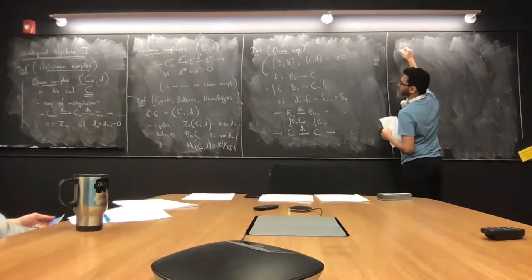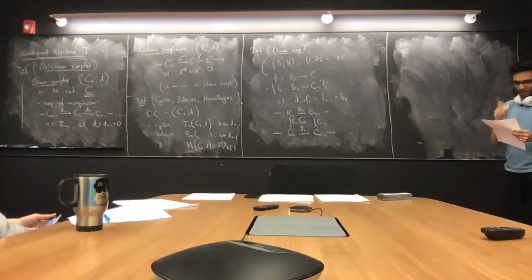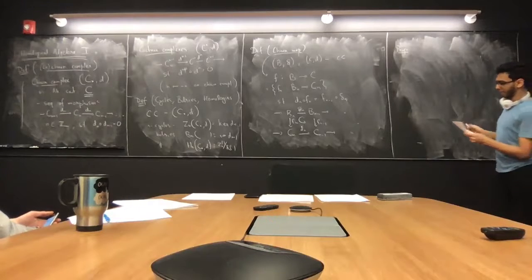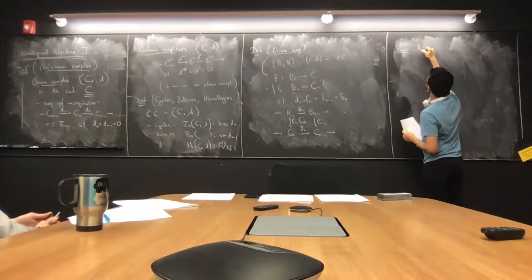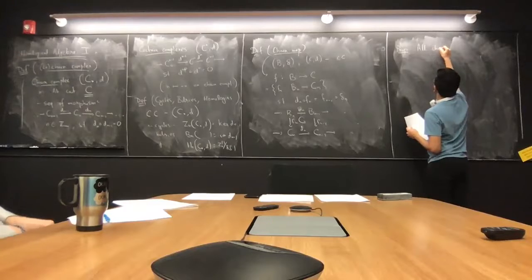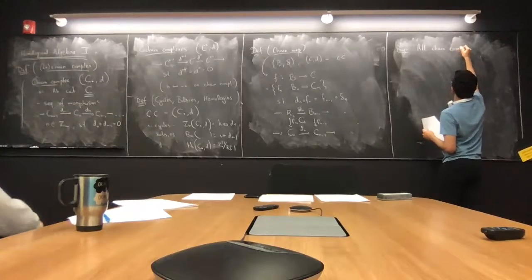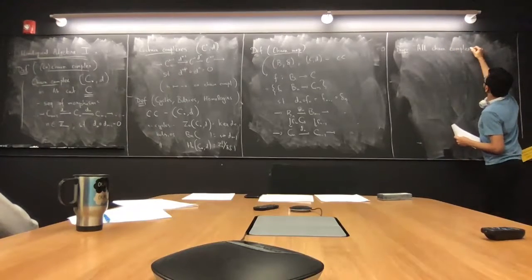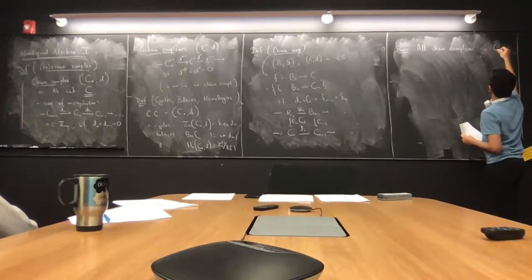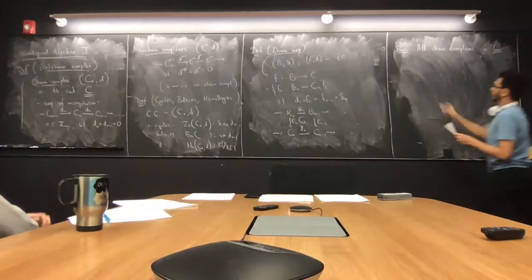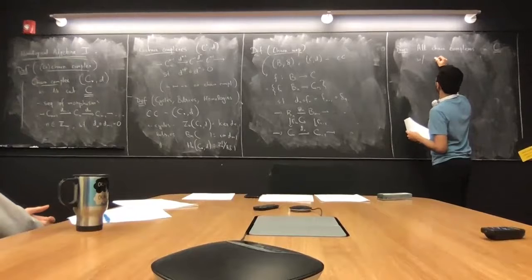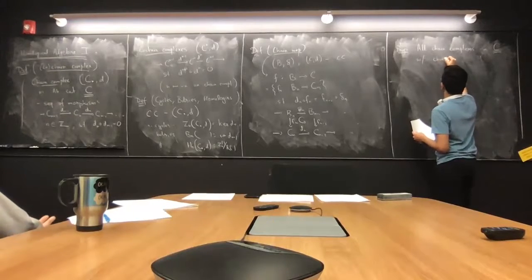Proposition. Right. So suppose we take the collection of all chain complexes in an abelian category C with the set of chain maps between two complexes.